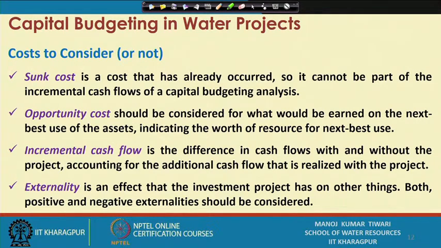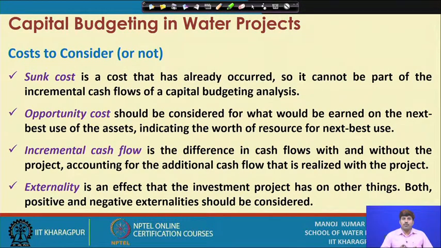Then there is incremental cash flow, which is the difference in the cash flow with and without the project, accounting for the additional cash flow that is realized with the project. So, when we say incremental cash flow, how much additional cash flow is being incremented, this cash flow includes both positive as well as negative.